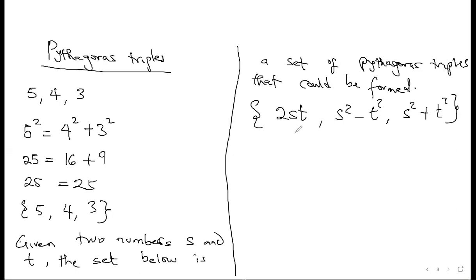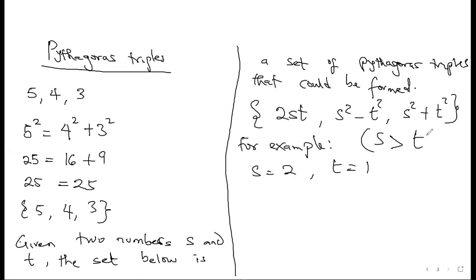What do I mean? If I pick any integer for s and t, then I can form Pythagoras triple from it. So let's take some example. For example, if I take s as 2 and I take t as 1, I can generate Pythagoras triple from this. But you have to make sure that s is greater than t. So take note of that.